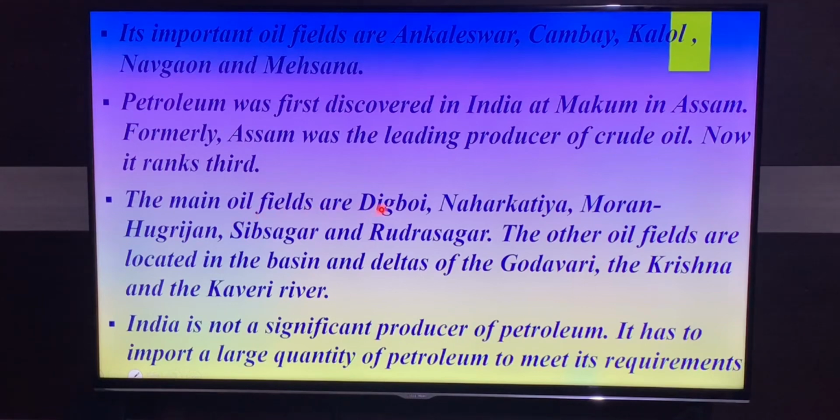The main oil fields are Digboy, Nahar Katia, Sibsagar, Rudrasagar, and oil fields are also located near the delta and basin regions of the Godavari, the Krishna and the river Kaveri. India is not a significant producer of petroleum. We have a shortage of petroleum, so we import petroleum from other countries to meet our requirements.